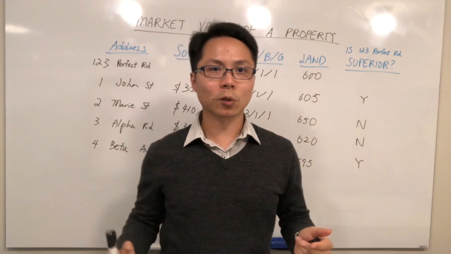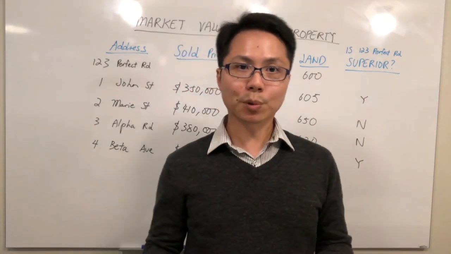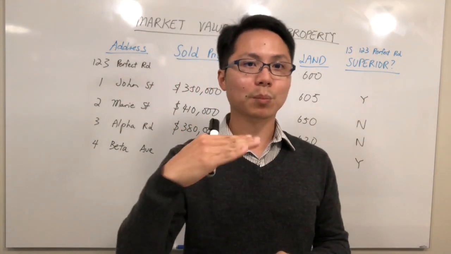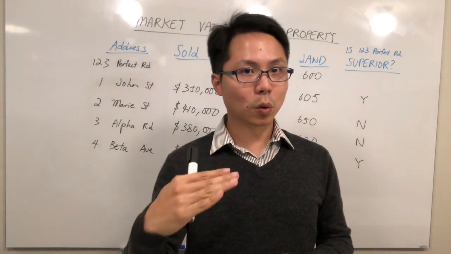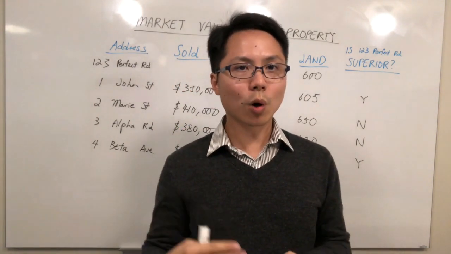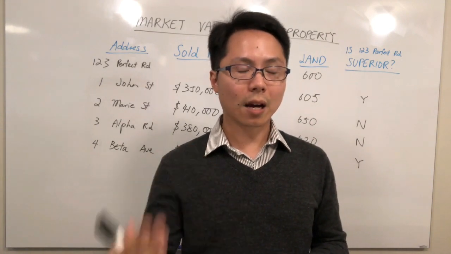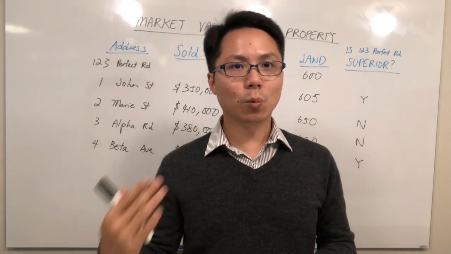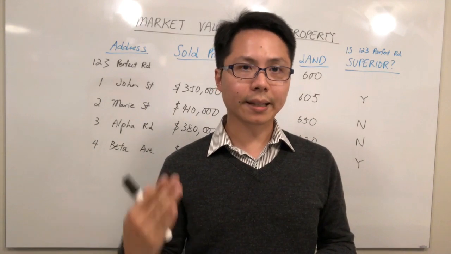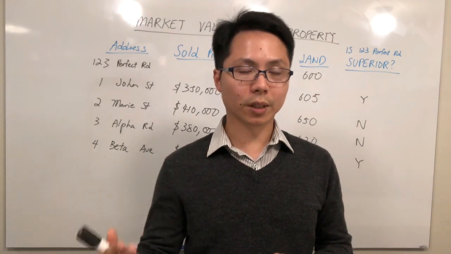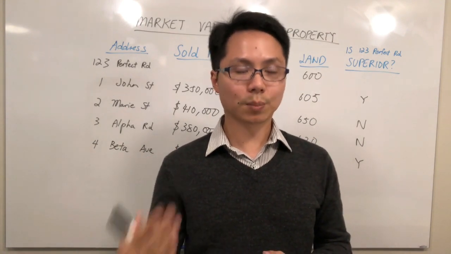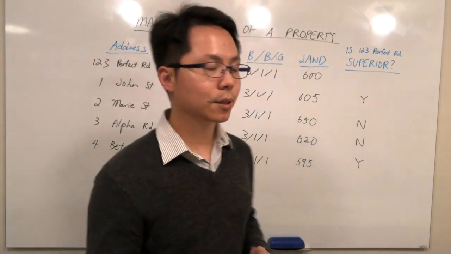At a conceptual level, what I'm trying to do is come up with a number of properties that have been bought in the last 12 to 18 months, list out how much they were sold for and what their criteria are, and compare that to the property I'm looking to buy, to derive the price of the property.